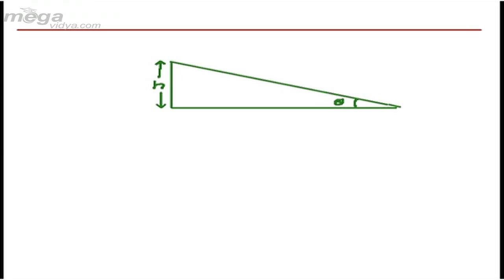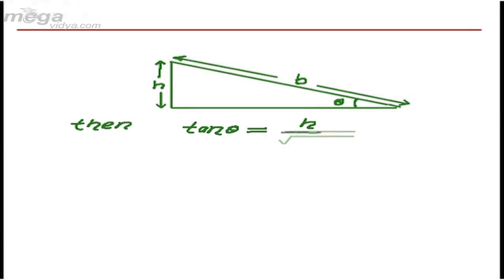Now if the outer edge of the road is lifted by height h and the width of the road measured along the road is b, then tan theta is equal to h upon under root of b square minus h square.